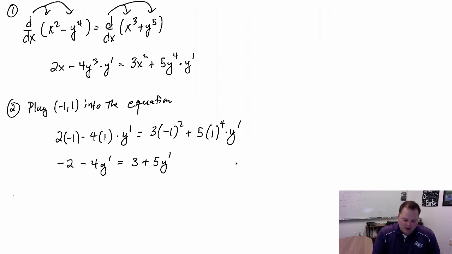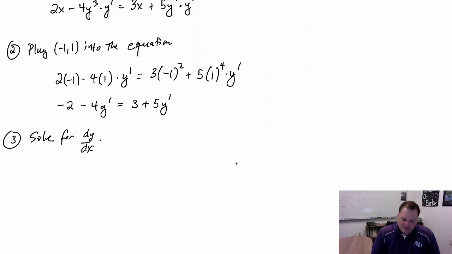Now I'm going to solve for y prime. So you've got, let's see, add the 4y over, you've got 9y prime. Subtract the 3 over, you've got negative 5. So negative 5/9 is the derivative y prime, which is the slope.